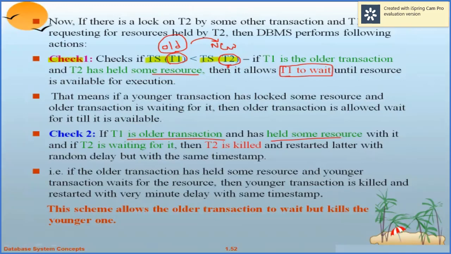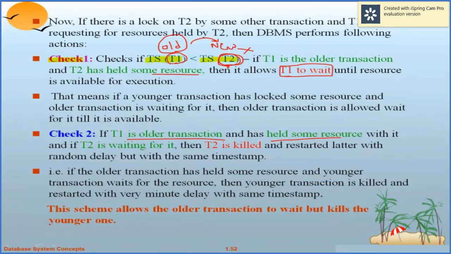In that case, as T2 is a new transaction, the engine says you abort yourself. You cancel yourself and wait for some more time till T1 finishes its work. Whereas in the previous case, T2, the new transaction, is holding the resource and T1 is waiting for the resource to be unlocked by T2.